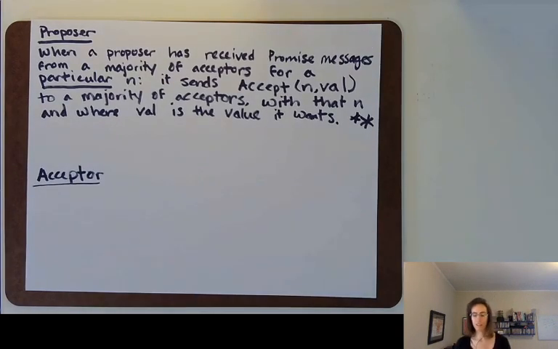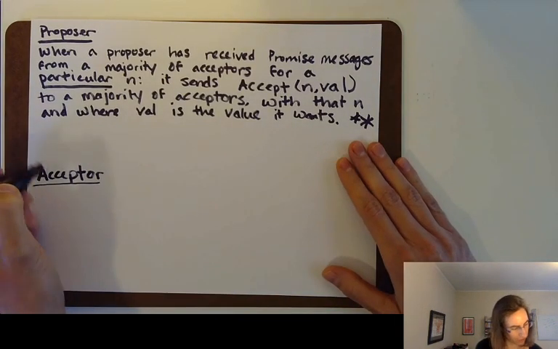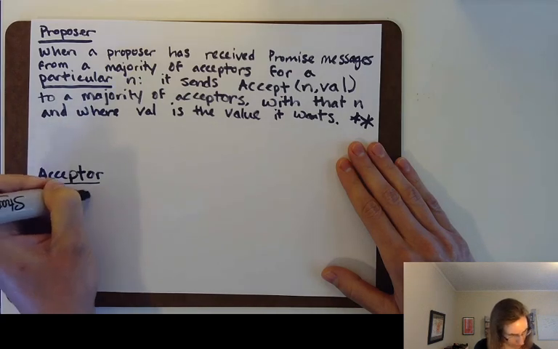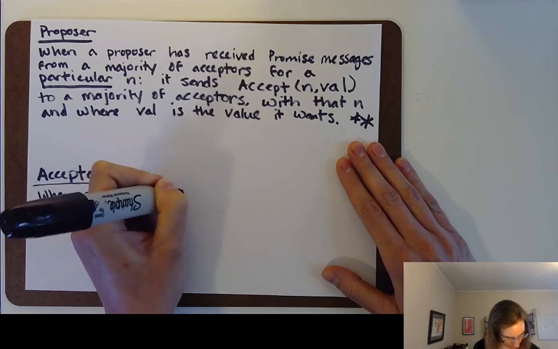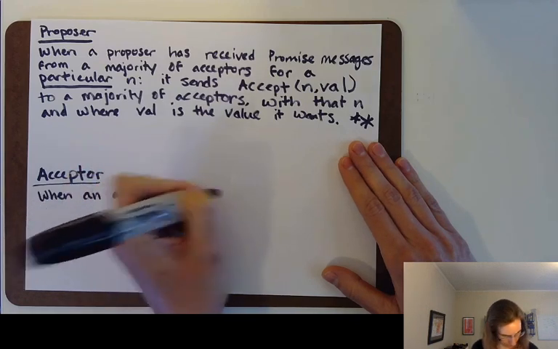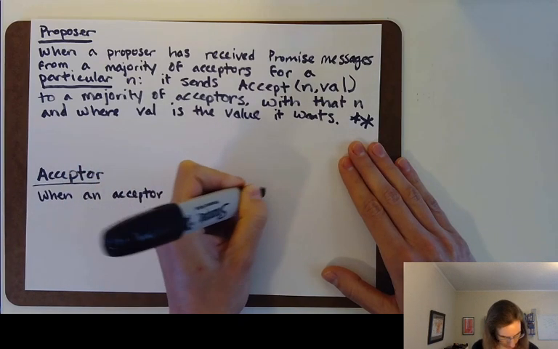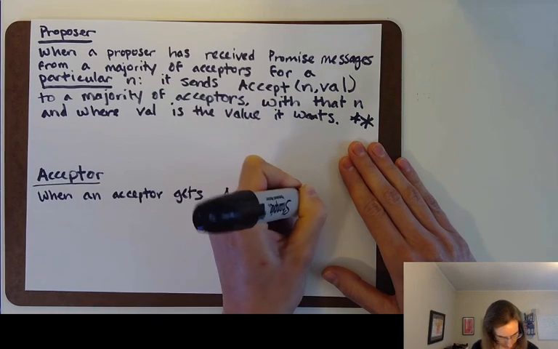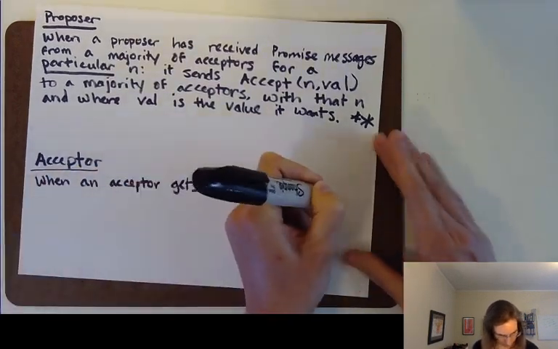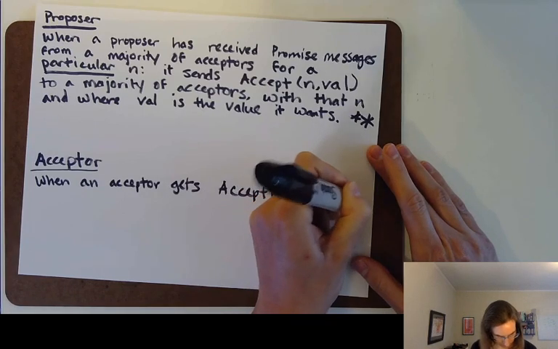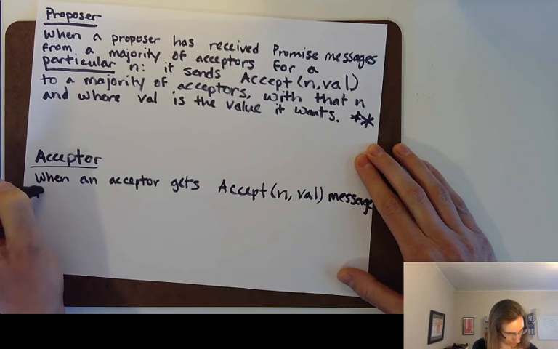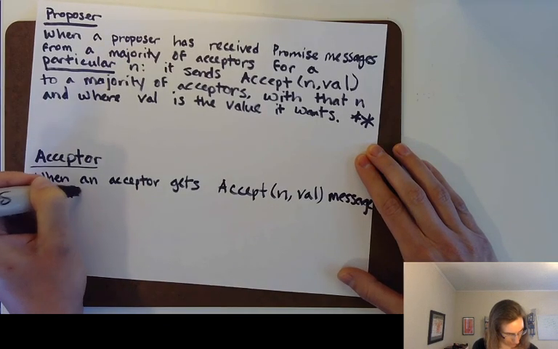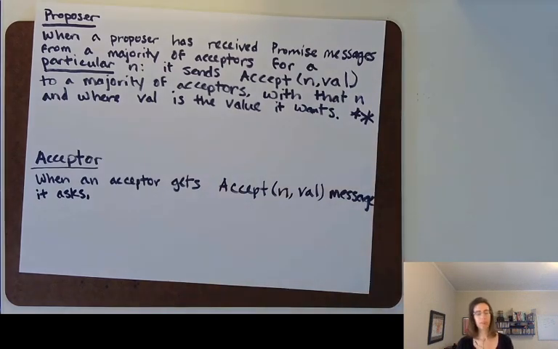So when the acceptor gets one of these accept and val messages, it asks, did I previously promise to ignore requests with this proposal number?